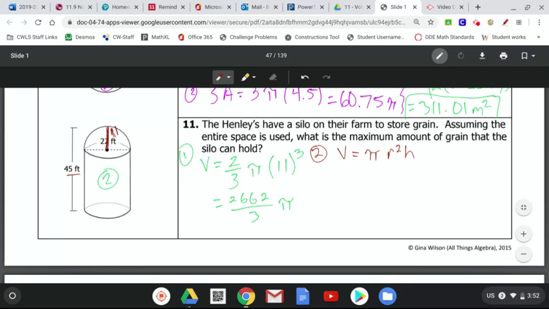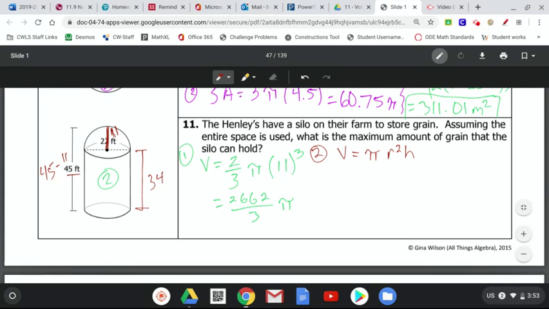So now we're looking at a line that's 11. The whole thing's 45, so we're going to do 45 minus 11, and that is going to give us 34. That is going to be the height of this cylinder.